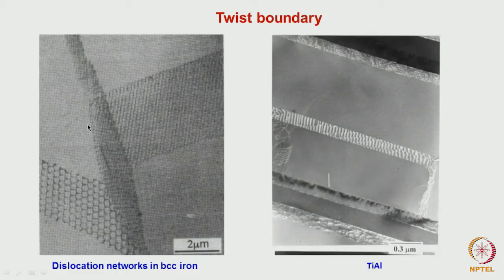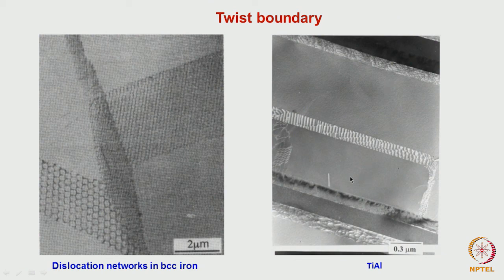These are some pictures taken in an electron microscope, where you can see dislocation networks in BCC indium, where a hexagonal network of dislocations is present. This is in gamma titanium aluminide, where we observed this between one variant and another variant.